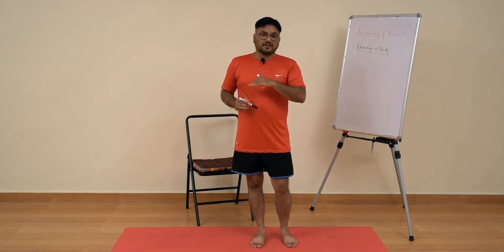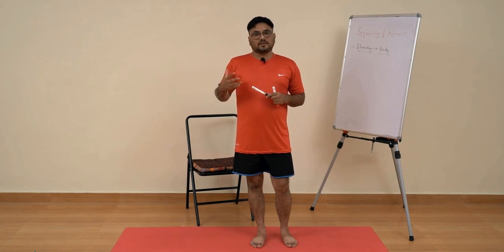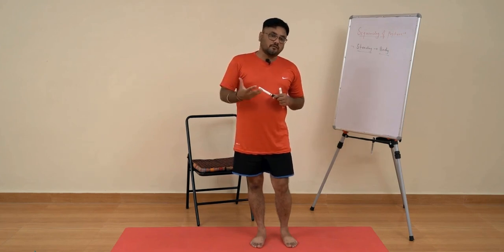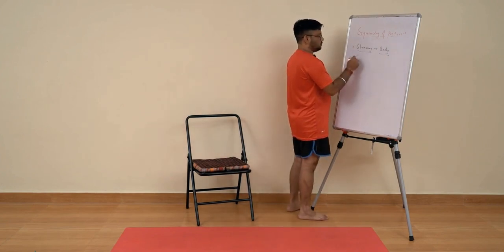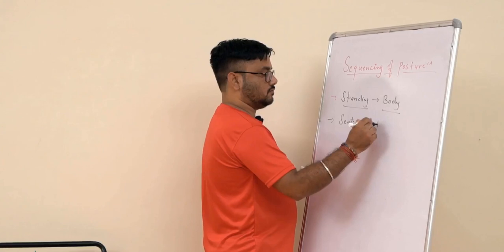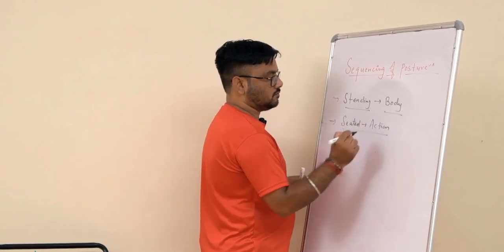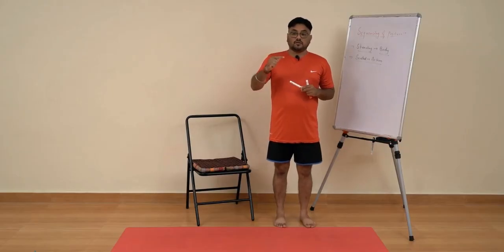Seated. After that, we start with the seated forward extensions or seated poses, whether it is backward bending or forward bending. So seated is your action. Seated posture is the action that you are going to do now.